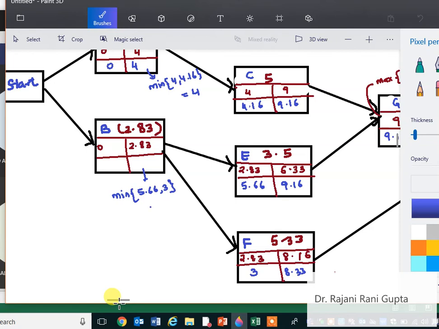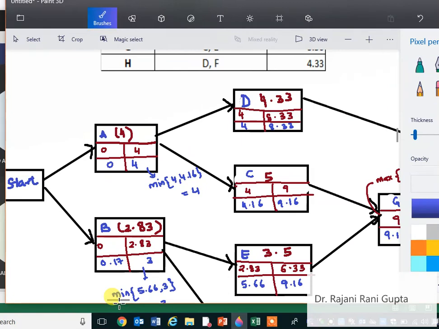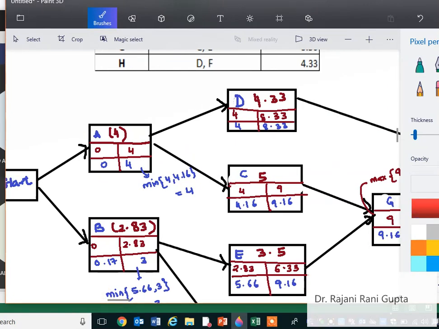So what is the minimum? 3. So here you will get 3. Okay. Now 3 minus 2.83 will give you 0.17. So this is how you will find all the timings.